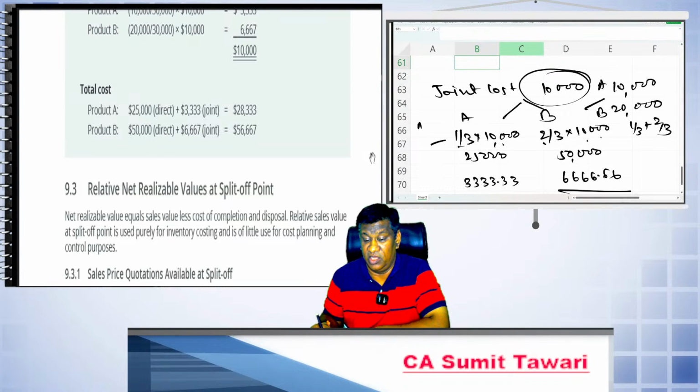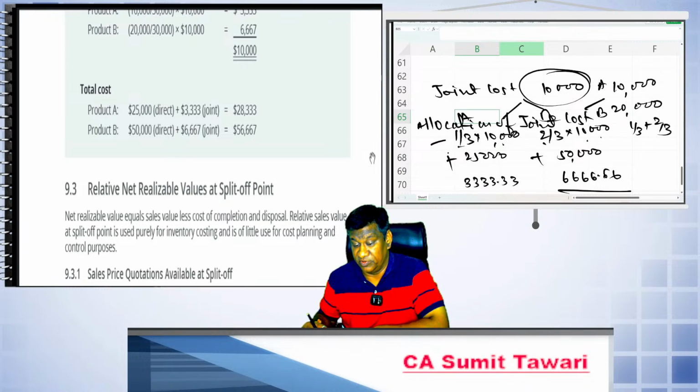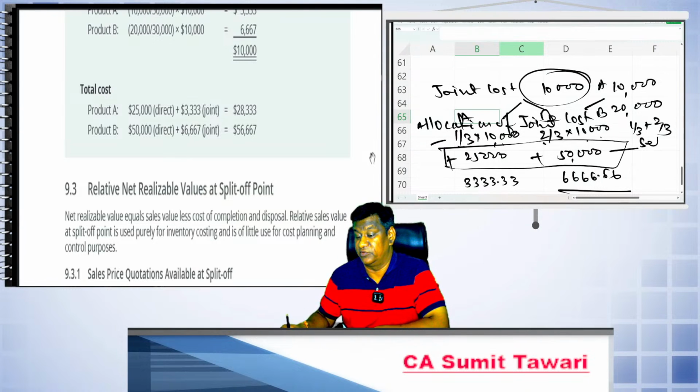This is the allocation of joint cost. Clear? Then we need to add 25,000 and 50,000. These are the separable costs because they are dedicated to a particular product.